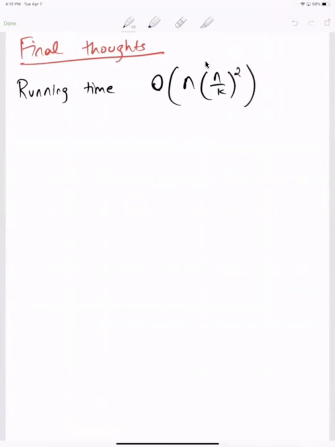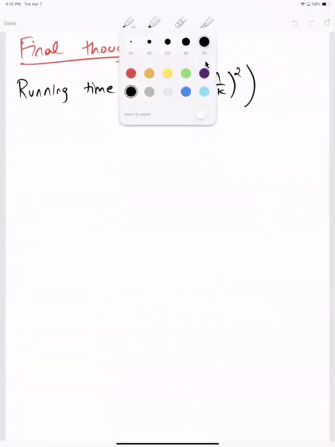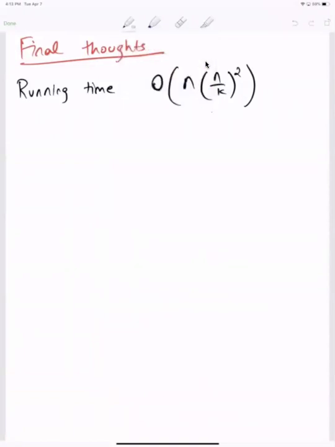In the exercise, there's a randomized algorithm which will let you reduce this to roughly this. That's an improvement.